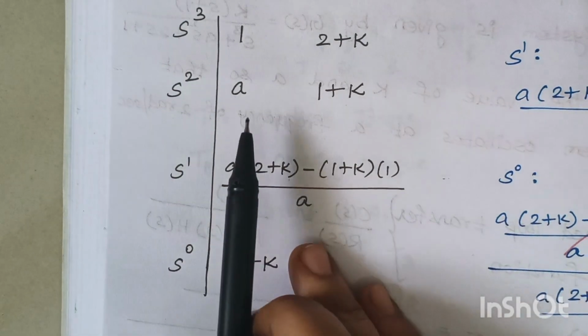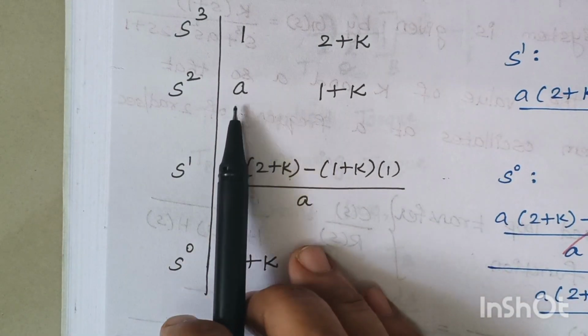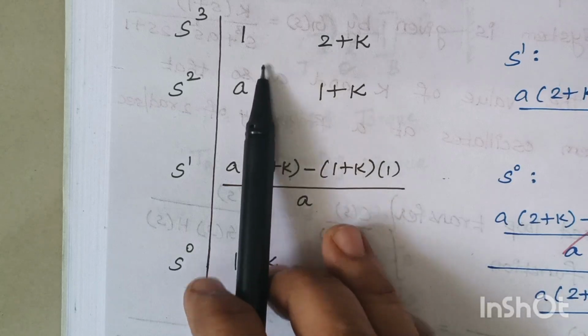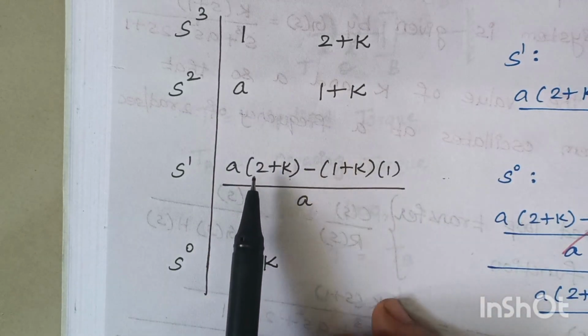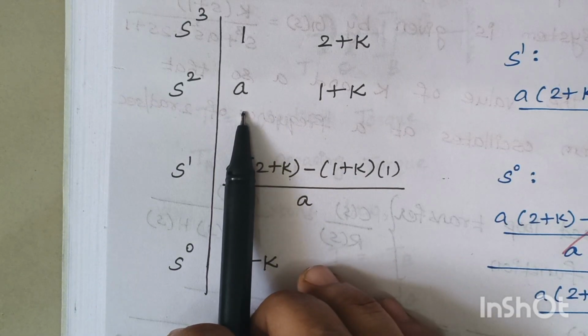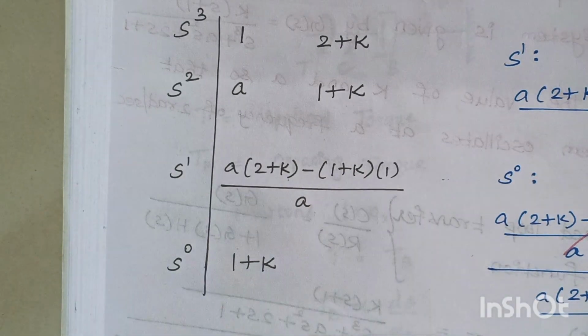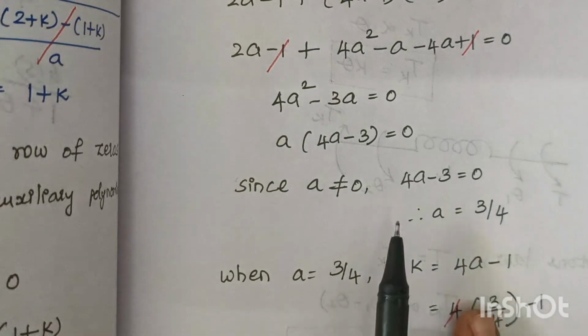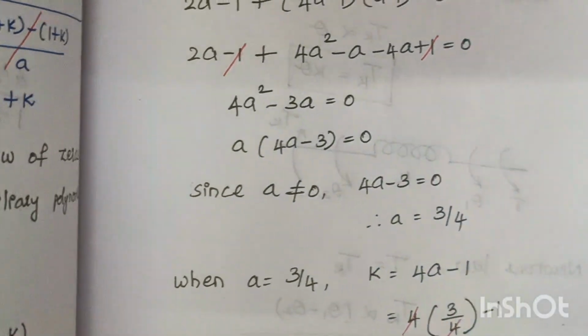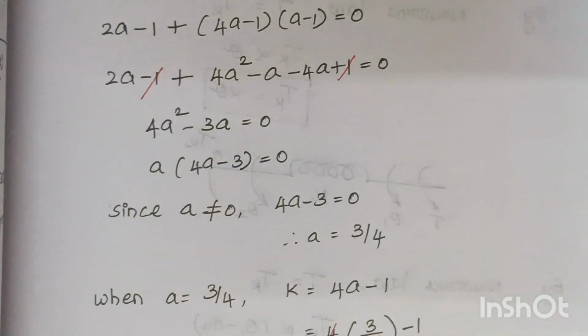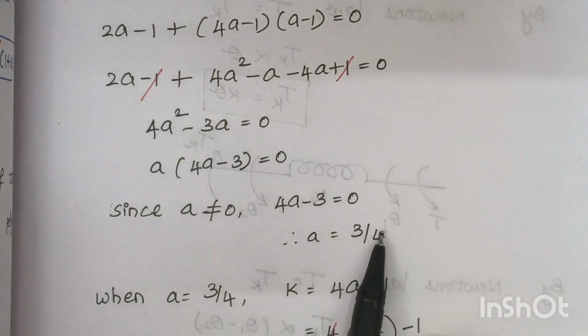Because when you substitute the value of a as 0, what happens? The first element in the first column becomes 0. That should not happen, right? So we are equating our second term, 4a minus 3 equal to 0. Then finally the value of a is found to be 3 by 4.